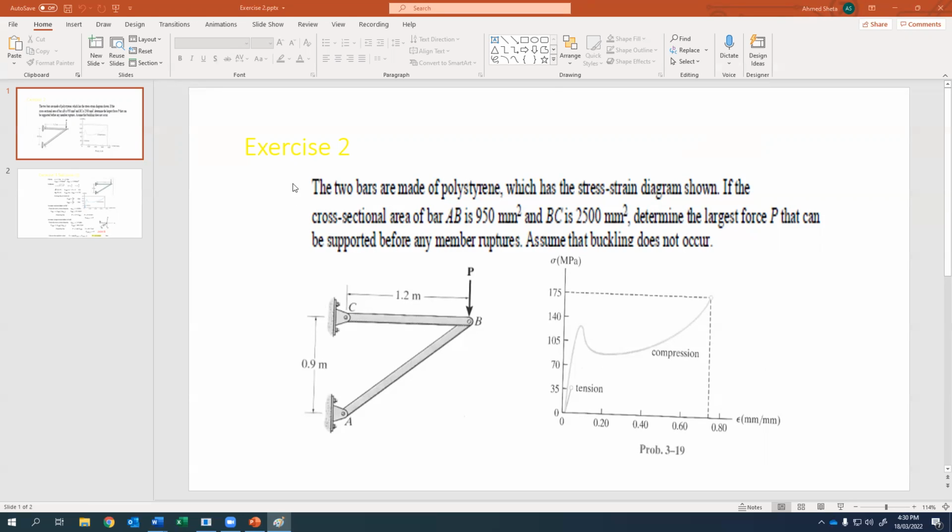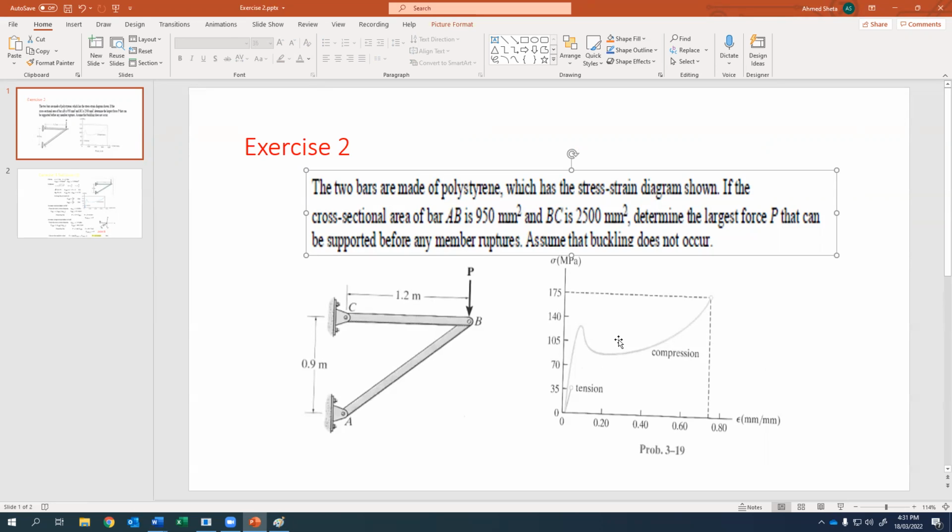It is given that the material of this truss is polystyrene, and the stress-strain diagram, which gives the material properties, is given in a graph. In this graph, we have two curves: the curve for the compression behavior, and the curve for tension.